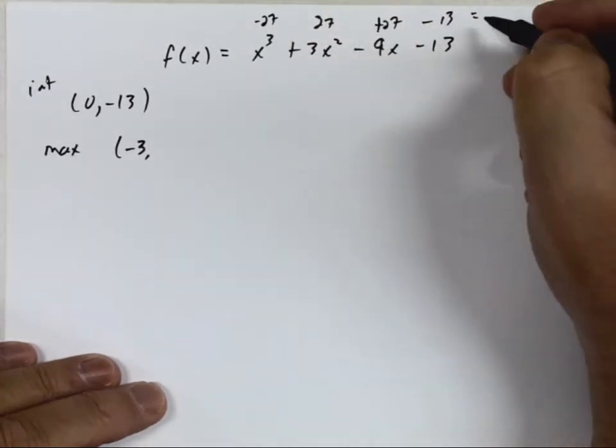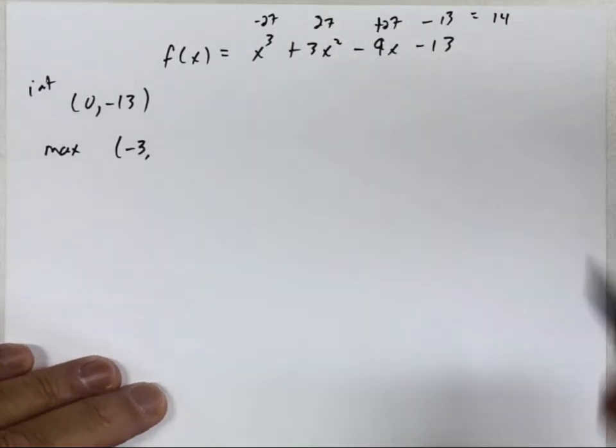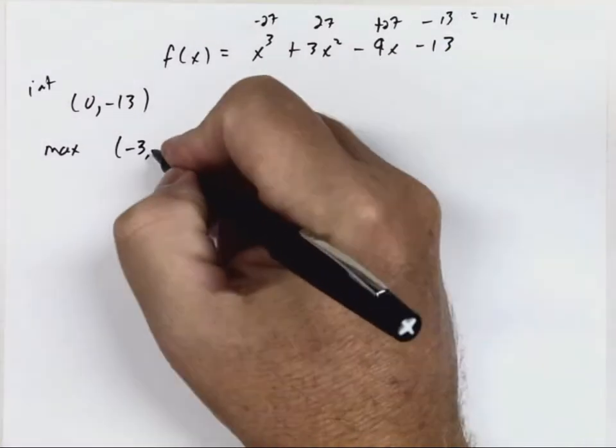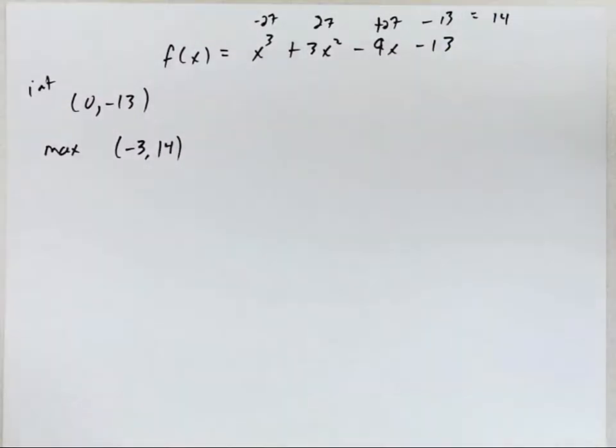Looks to me like it's maybe 14. I did this previously. I should check some of these to make sure I don't make a math error and make a mess out of this. Well, I may not have finished it, but I'm hoping I didn't make an error.